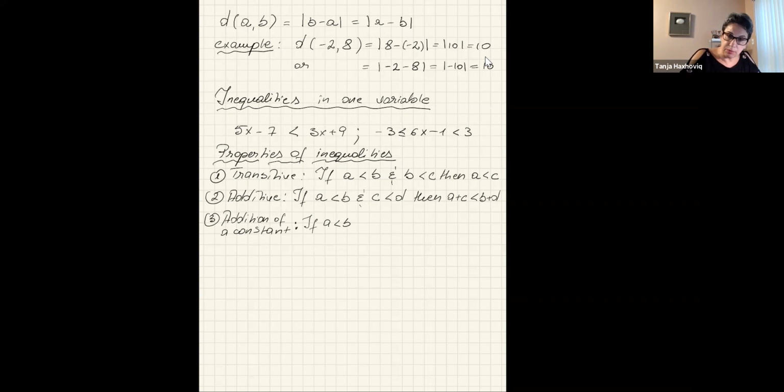So if A is less than B, then A plus C is also less than B plus C. So all I did is add the constant C to both sides of this inequality and nothing changes, meaning the value of the inequality does not change. Okay, multiplication by a constant, similarly.